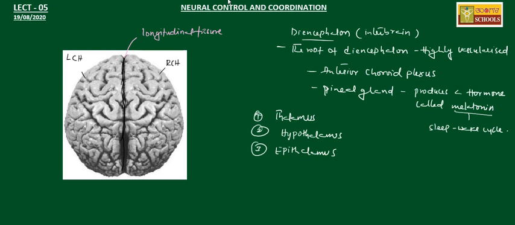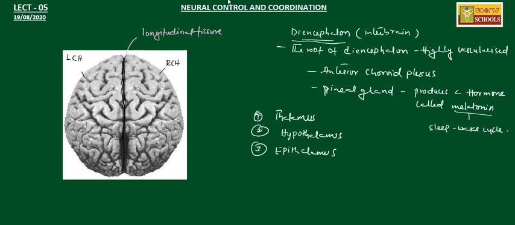As I told you, the diencephalon is a part of the forebrain. Earlier we have seen the telencephalon, which consists of the cerebrum. We'll see the thalamus, hypothalamus, and epithalamus in detail.